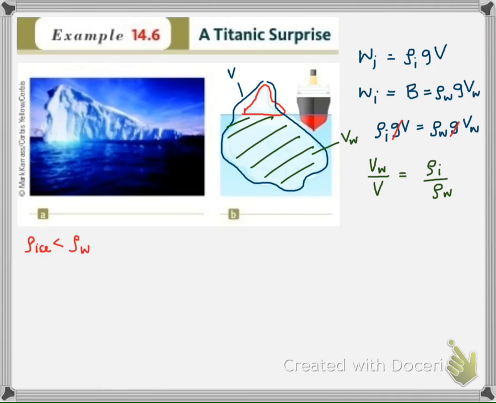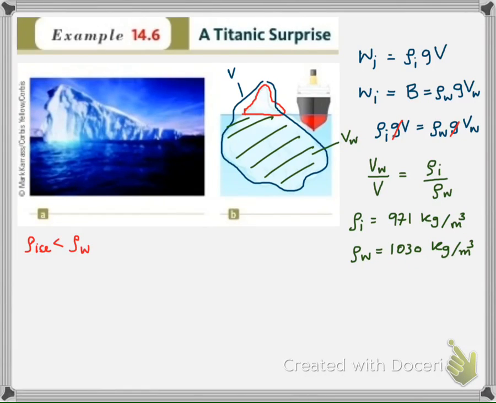And if we see the numerical value, we have that rho of the ice is equal to 971 kilogram per meter cube, and rho of the seawater is equal to 1030 kilogram per meter cube.